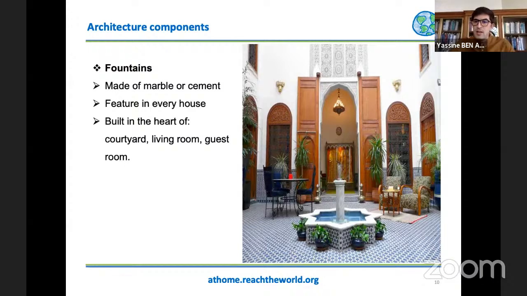This is a riad, and they are owned only by rich people. So you have to be rich to own this kind of house. Also for tourists, if you go to Morocco in old Medinas, for example Fez or Marrakesh, you can visit and see this kind of fountains and architecture.